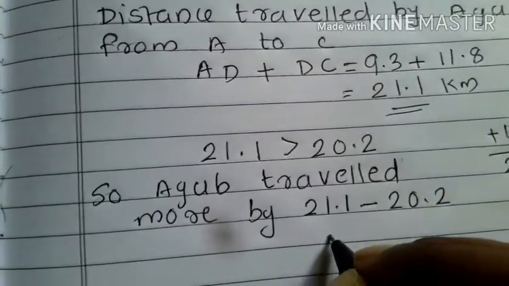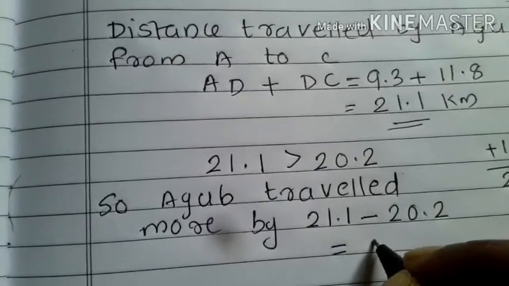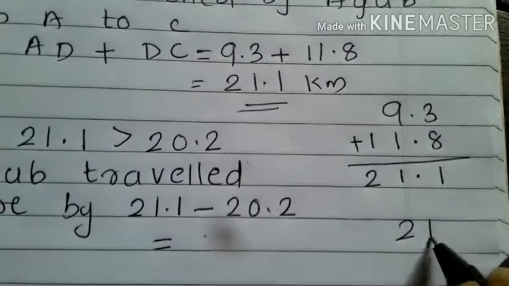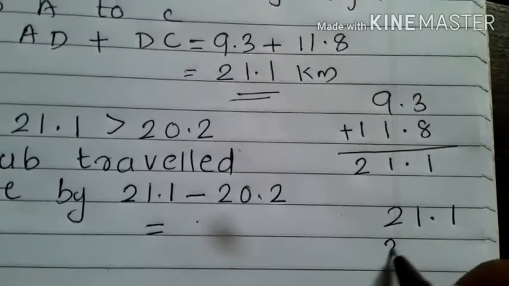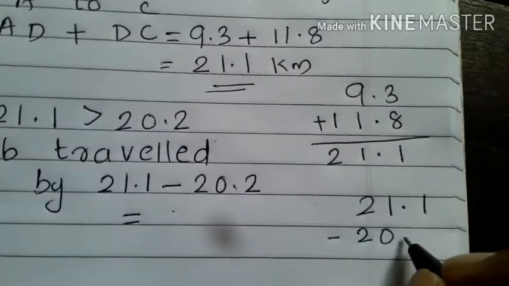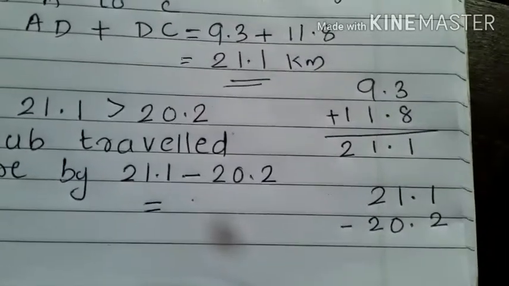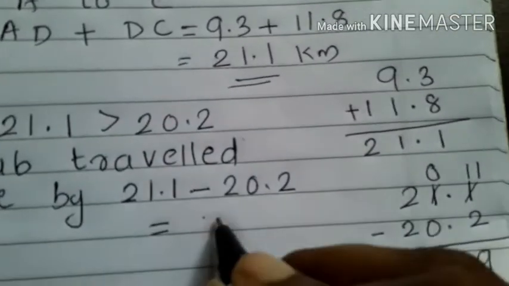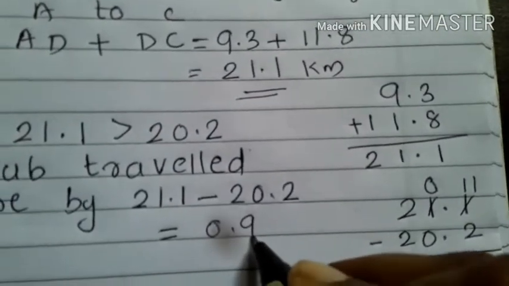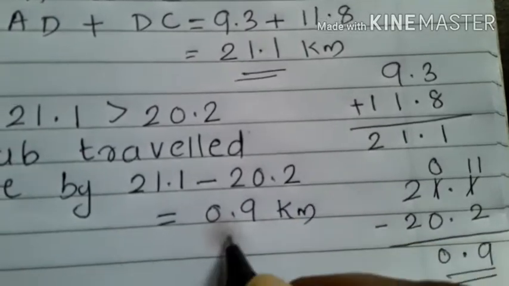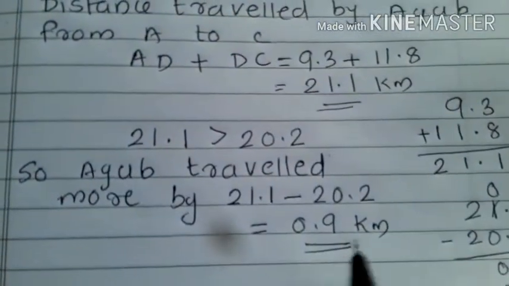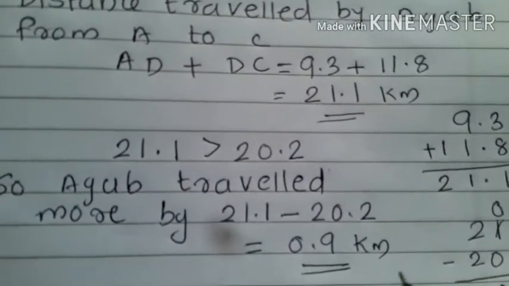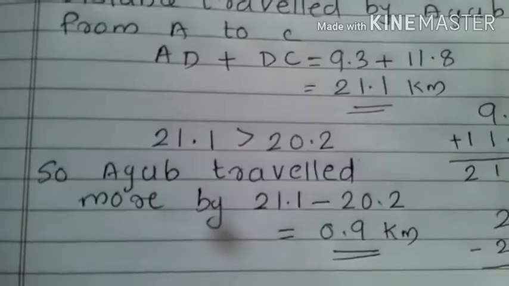So we get the answer 0.9 kilometer. So Ayub traveled 0.9 kilometer more than Dinesh.